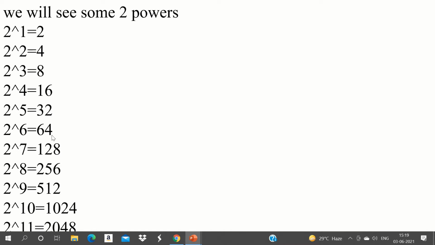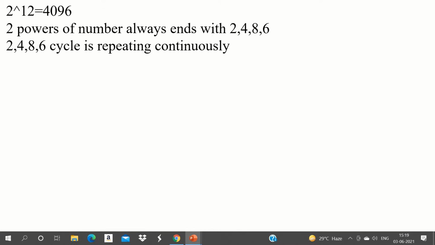Unit digit 2, unit digit 4, unit digit 8, unit digit 6, and again 2, 4, 8, 6. So powers of 2 always end with 2, 4, 8, 6 as the unit digit. It has a repeating cycle, 2486.